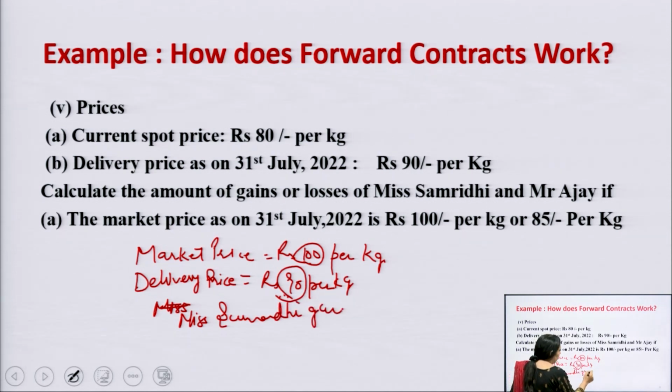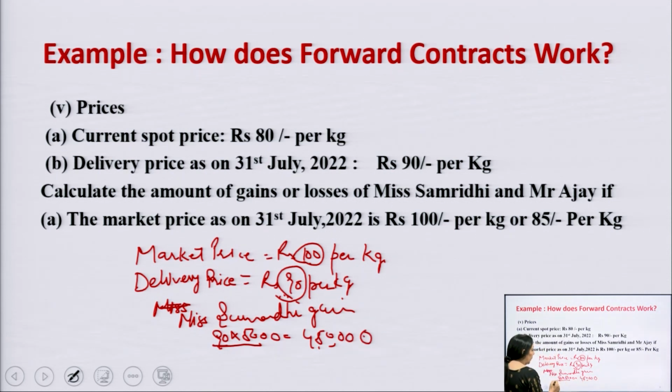How much? Actually, how much will she pay? She will pay 90 multiplied by 5000, and this is the actual payment made by Samriddhi. It is 4,50,000.